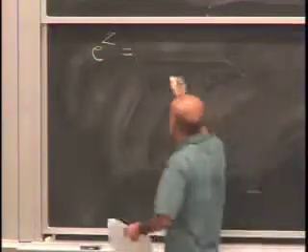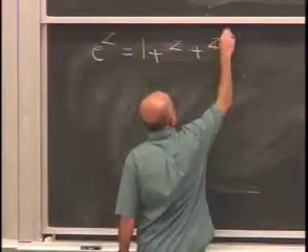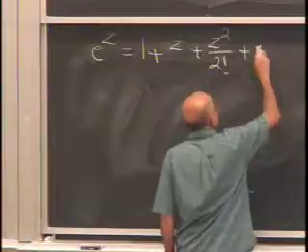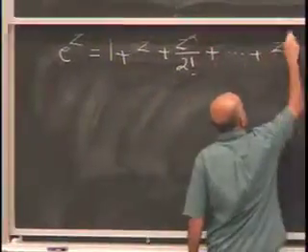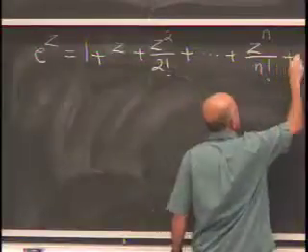The Taylor expansion. 1 plus z plus z squared over 2 factorial plus, up to z to the n over n factorial.